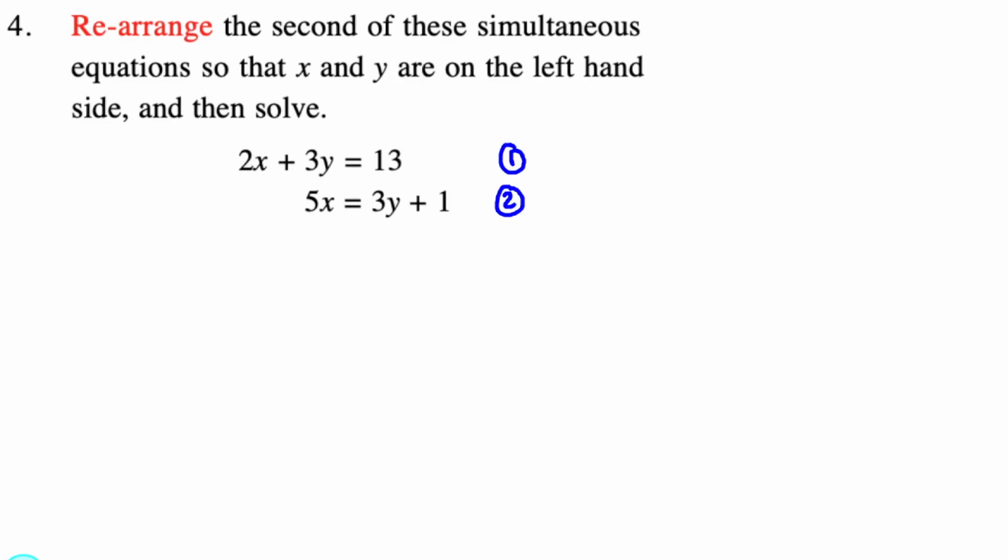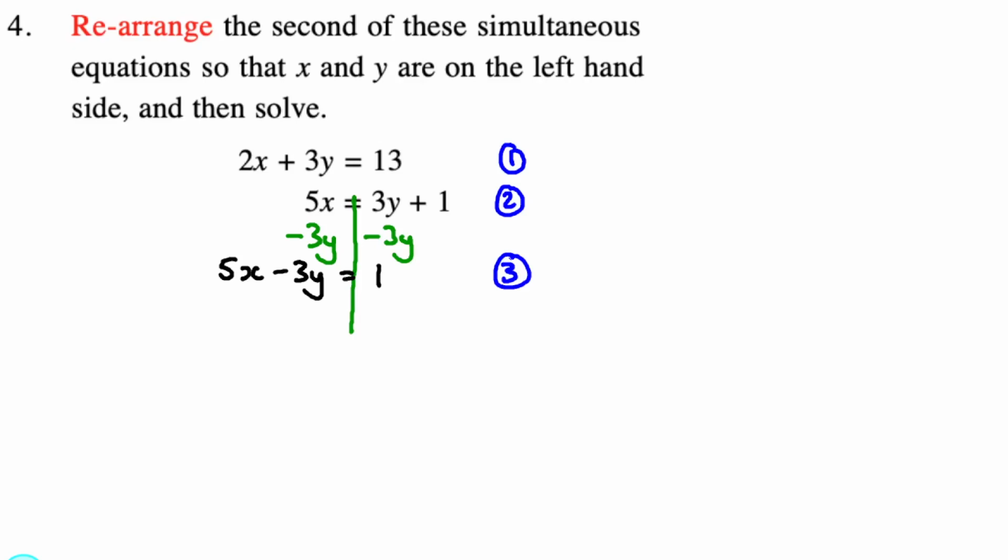For equation number 2, I'm going to draw a line through here. I'm going to take away the 3y, take away the 3y. This is going to give me 5x minus 3y equal to 1. I'm going to relabel this as equation number 3 now. So we've got equation number 1, which is 2x plus 3y equal to 13, and equation number 3, which is 5x minus 3y equals 1.